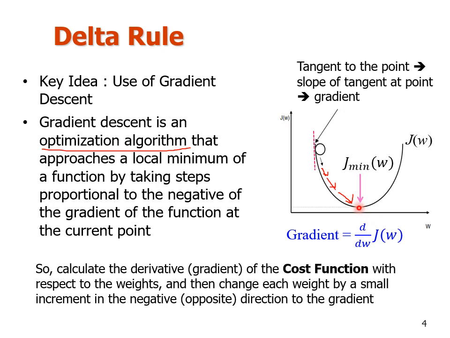This rule is important because gradient descent provides the basis for the more advanced backpropagation algorithm which can learn networks with many interconnected units and layers.